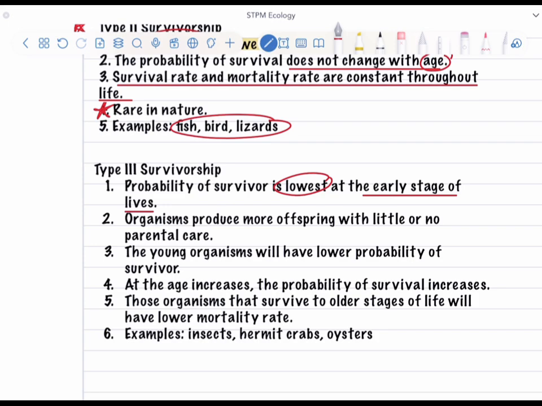This kind of organism will produce more offspring with little or even no parental care, meaning the parents do not take care of the offspring, they just give birth or reproduce. So without parental care, because the parents do not take care of the young offspring, the young organisms will have a lower probability of survival.